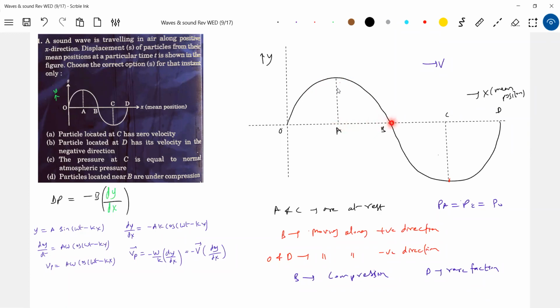Compression increases, to maximum compression. What about here? Compression decreases and becomes zero. Then rarefaction. So A, B, C is compression, and C, D, E will be rarefaction. D will be maximum rarefaction. B will be maximum compression.